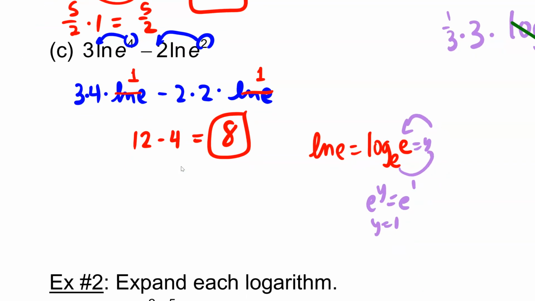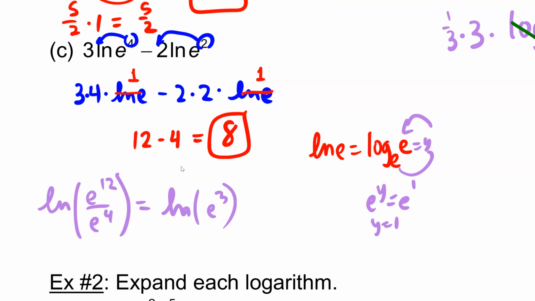How did you do it? I factored it into ln of e to the 12 over e to the 4. So you wrote ln of e to the 12 over e to the 4. And then you say, okay, this is the same thing as ln of e to the, subtract, sorry, 8. And then you bring the exponent out, so 8 times ln e, and ln e is 1. You get the same thing. That's good.